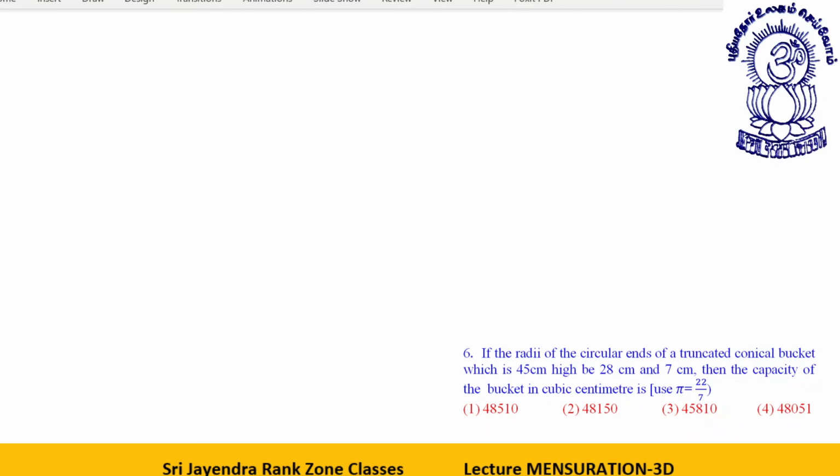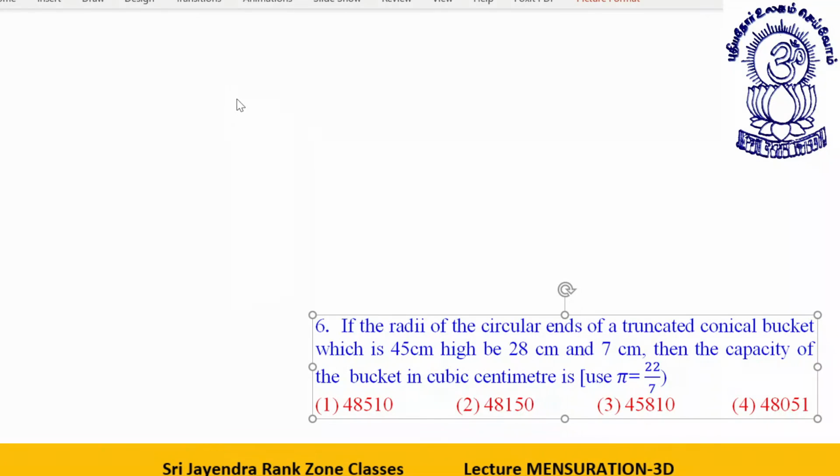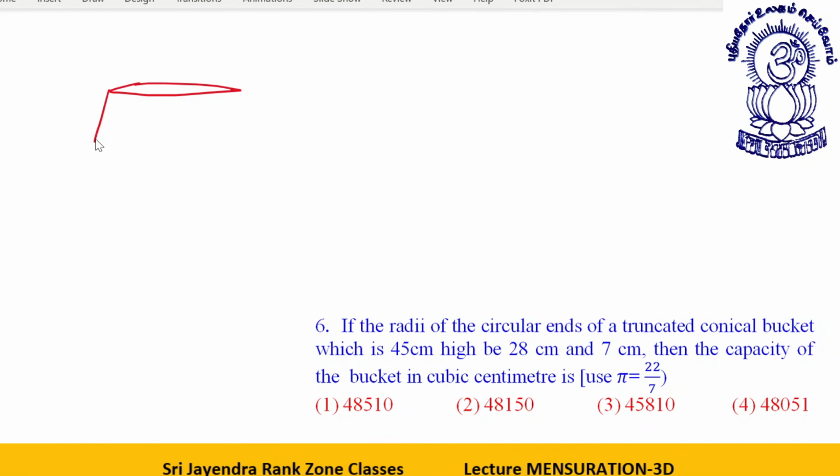The next question we have is, if the radii of the circular ends of a truncated conical bucket, which is 45 centimeter high, be 28 and 7 centimeter, then the capacity of the bucket in cubic centimeter is, see, the bucket is like this. Okay, now it is 45 centimeter high, and the radii are as follows.